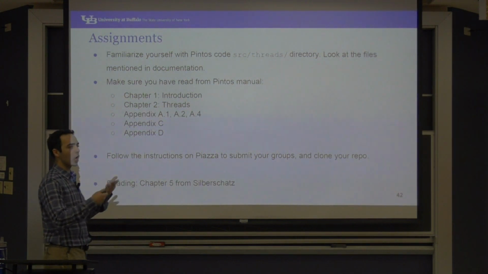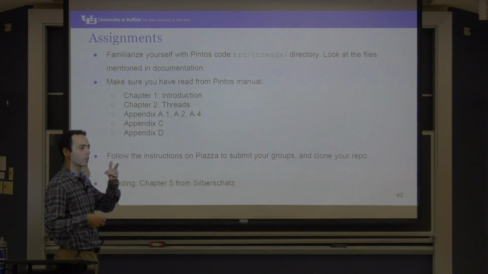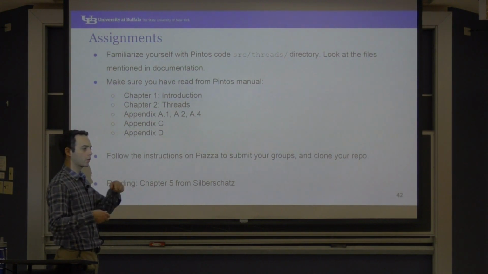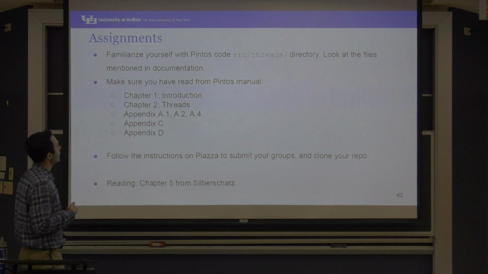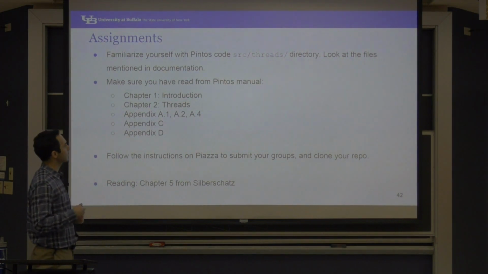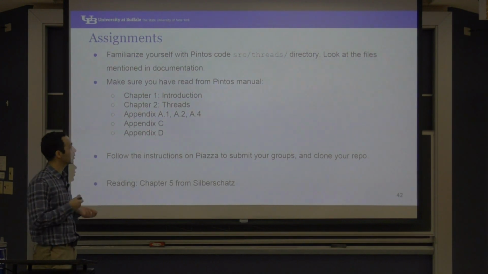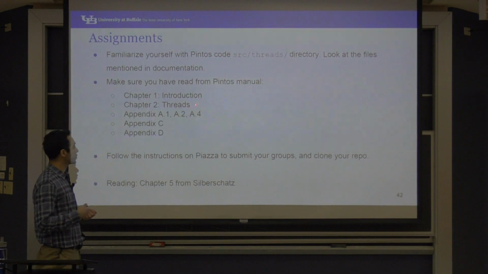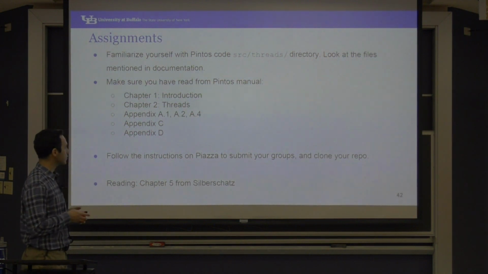But at this point, you should read and understand at least how the code runs, jumping from function to function. And this is important. It's not just reading material that you should ignore. Go ahead and read chapter 1, chapter 2, appendix A1, A2, and A4. Also take a look at appendix C and D. These will all become useful, all right?